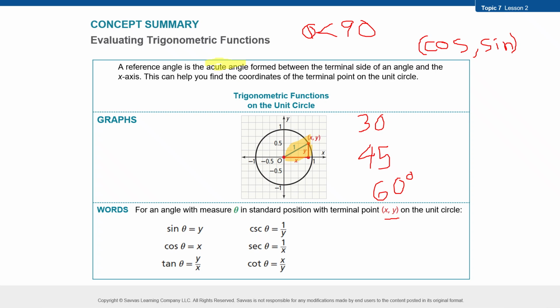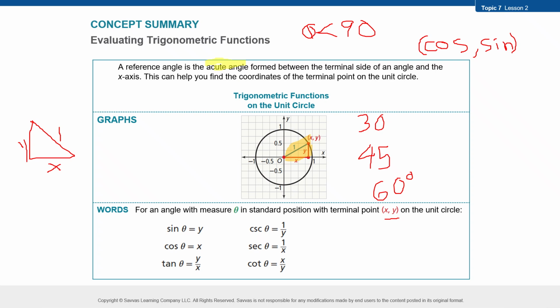The trig ratios of this unit circle change just a little bit. Cosine is my x, sine is my y, and my hypotenuse is always forevermore 1. So sine is y, cosine is x, and tangent is y over x.